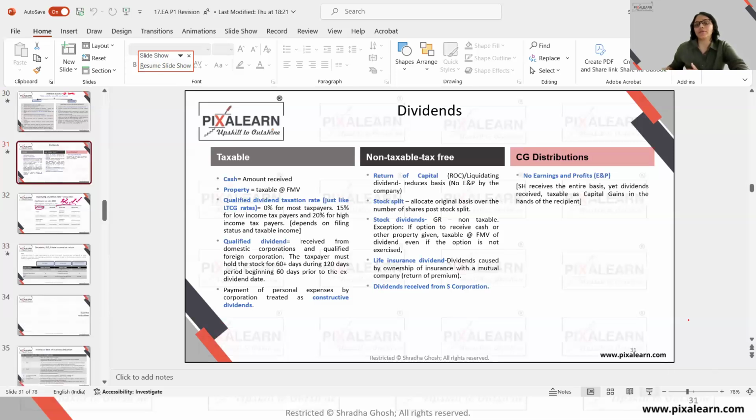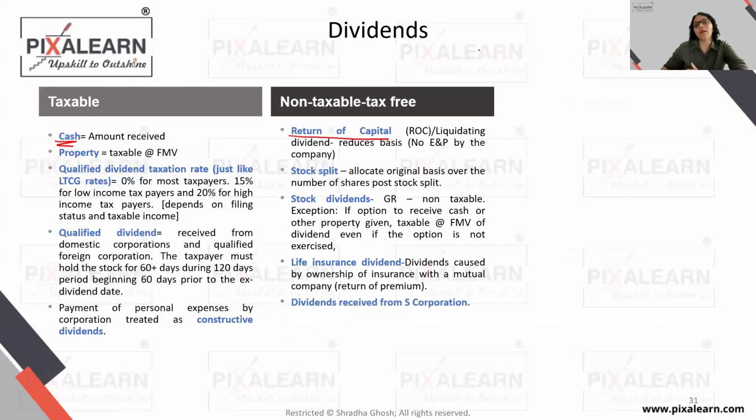So I invested $100 in your company. And out of that $100, the company made, let's say, $250 because of earnings over a period of, let's say, 3 years. So that extra 150 is their earnings and profits. So till 150, if the company pays me dividend, it will be taxable in my hand as dividend.